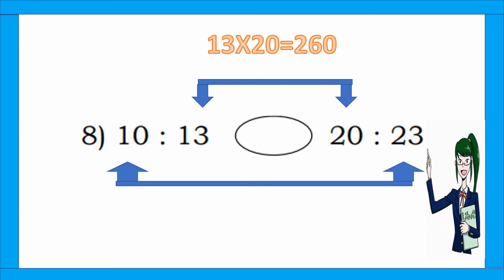The extremes are 10 and 23. Get the product of the extremes. 10 times 23 equals 230. The products are not equal, therefore the two ratios are not equal.